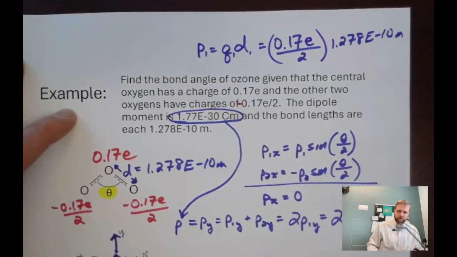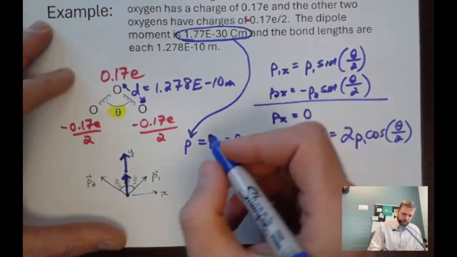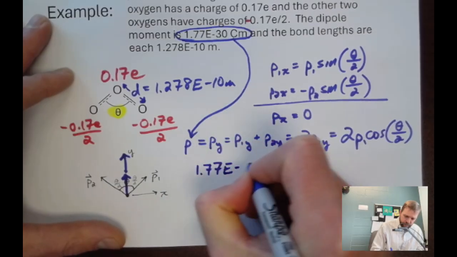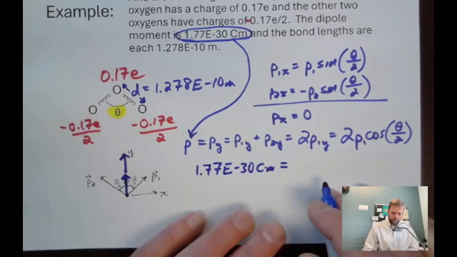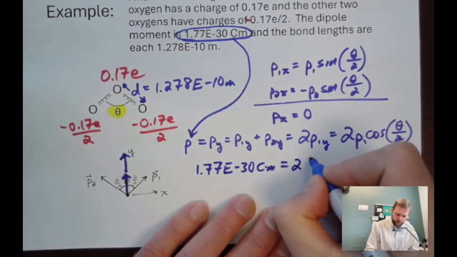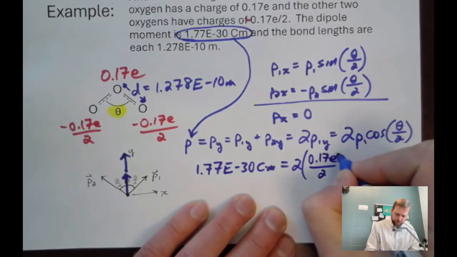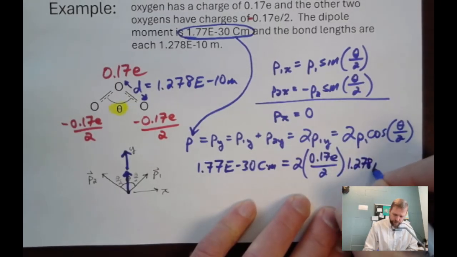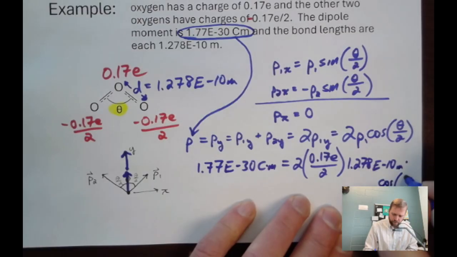So at this point, we can plug in most everything that we have. We've got 1.77 E minus 30 coulombs times meters. This is going to equal 2 times 0.17 E over 2 times 1.278 E minus 10 meters times the cosine of theta over 2.